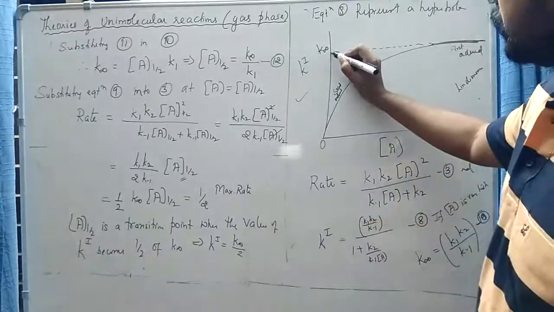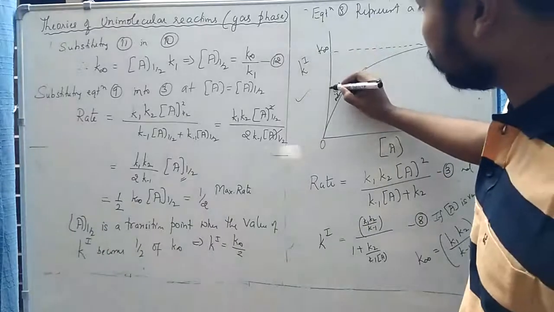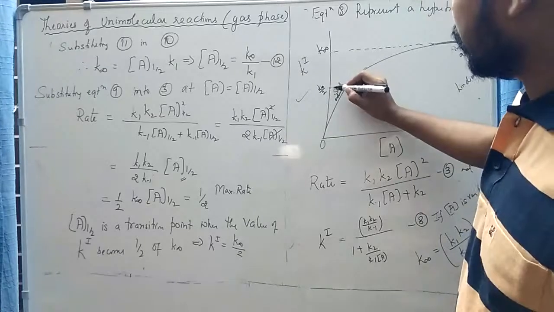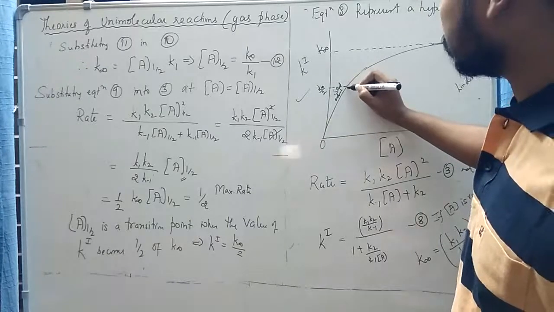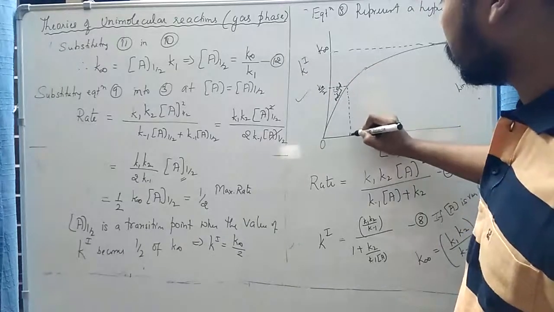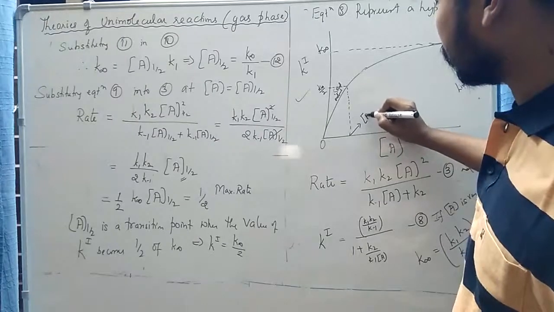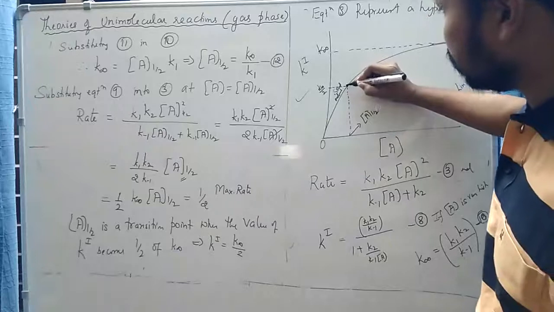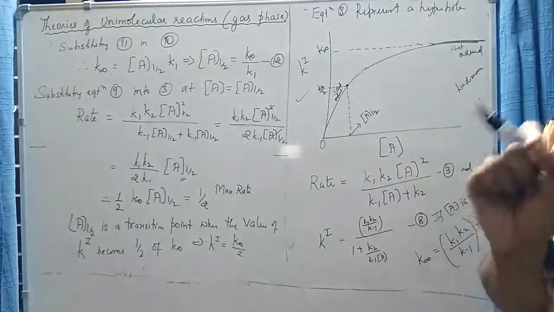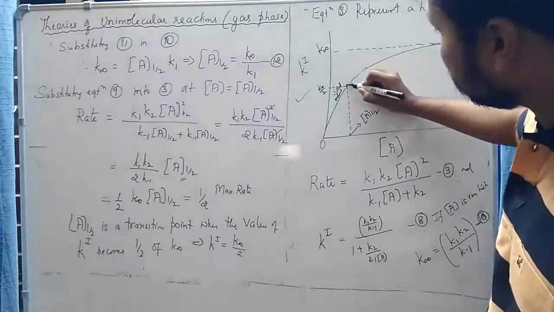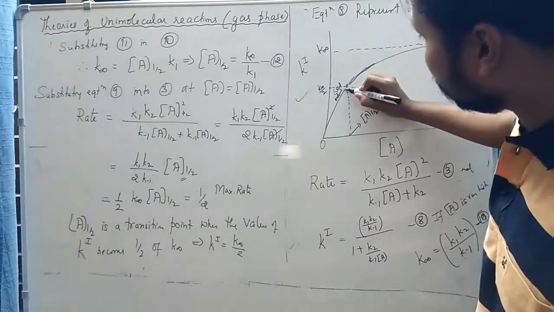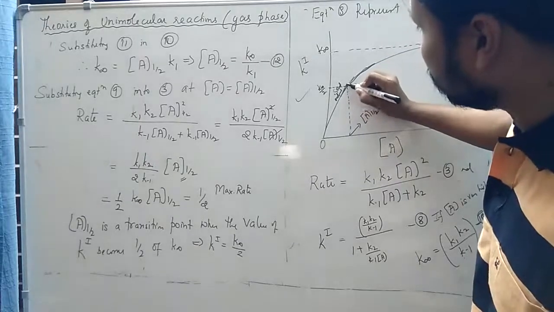So here I have k infinity. So half of k infinity is somewhere here. This is half of k infinity, and the corresponding concentration is nothing but a half. So what does this point now represent? This point represents a transition point. Above this point, the reaction is more of first order. Below this point, the reaction is more of second order.